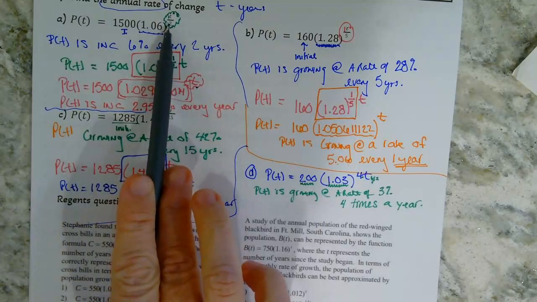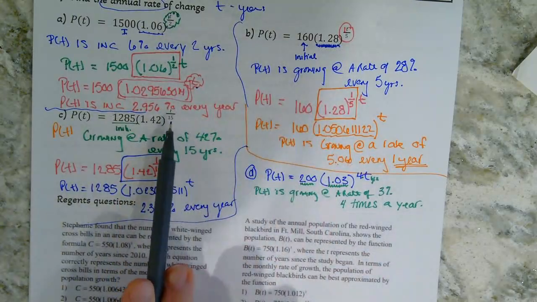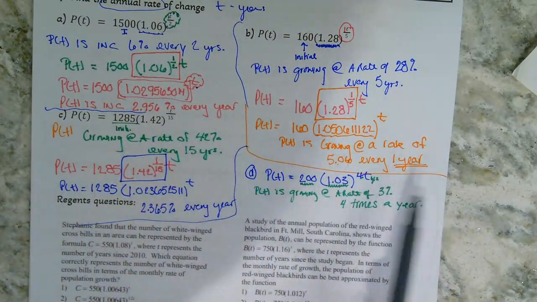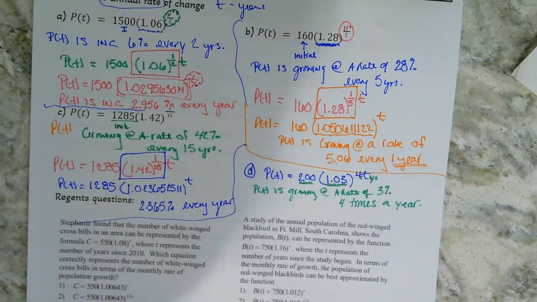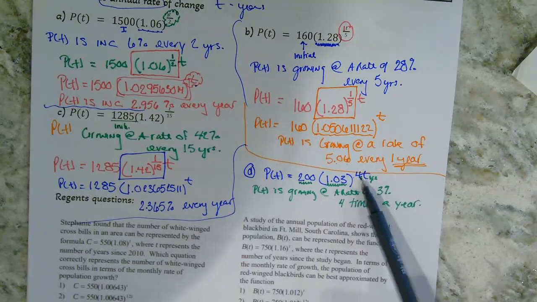This represented every 2 years, every 5 years, every 15 years. This one's different. This one says 4 times a year. So picture this, you get a grade in your high school classes 4 times a year. Okay, P of t is growing at a rate of 3% 4 times per year.